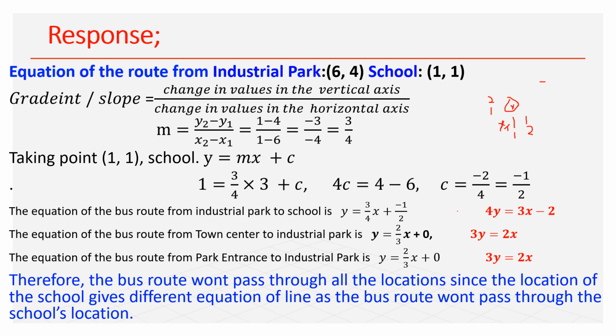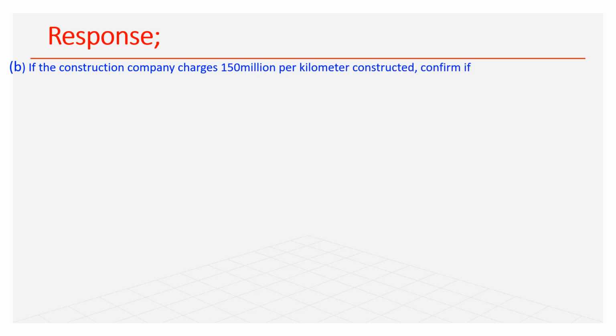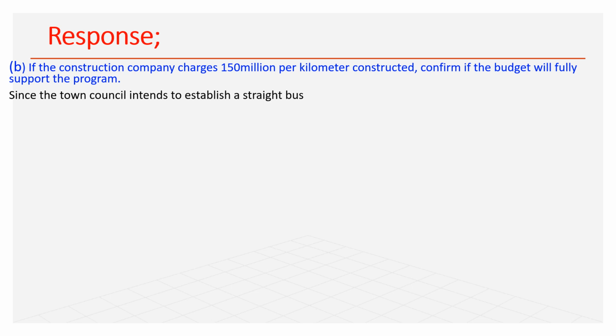Alright, now let's get into the next slide, B. So they are charging 150 million per kilometer constructed. They want to confirm whether the money in the budget will satisfy the program.